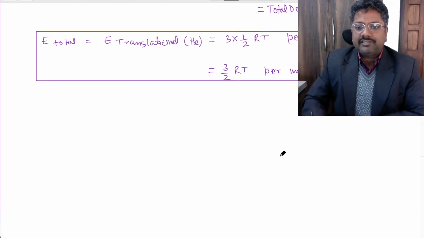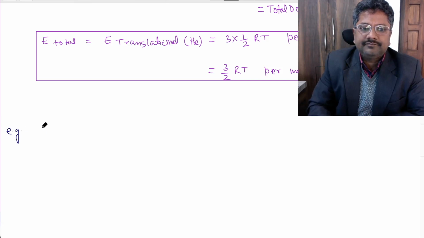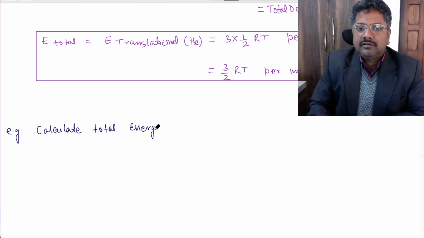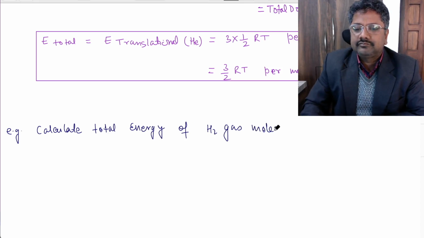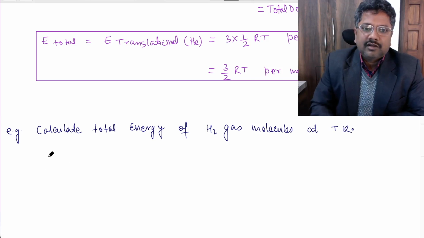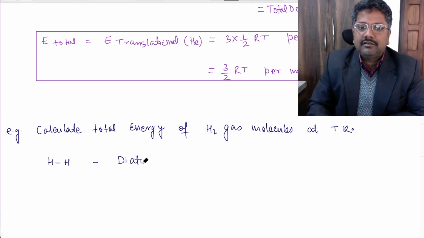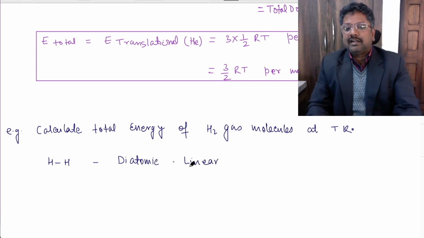But suppose that in place of helium, the question is given: calculate the total energy of hydrogen gas molecules at T Kelvin, right? So hydrogen is diatomic linear. So this is the part of chemistry, right?